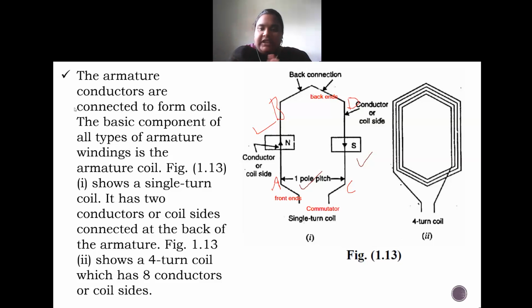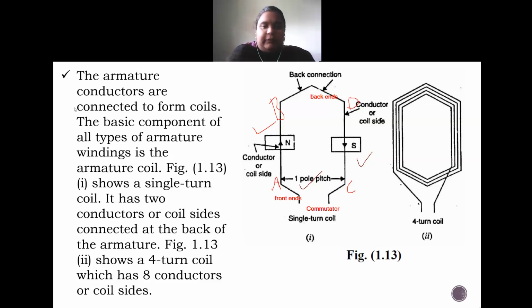This also we have seen in the case of the simple loop generator. There we have seen that the direction of the induced EMF in AB and CD will be aiding each other, such that the current will be flowing in one direction only in both of the coils.